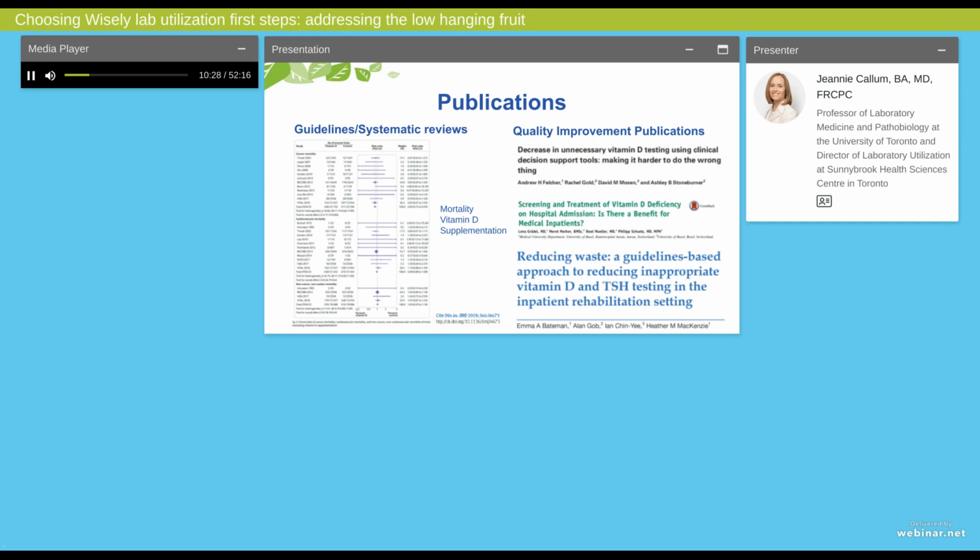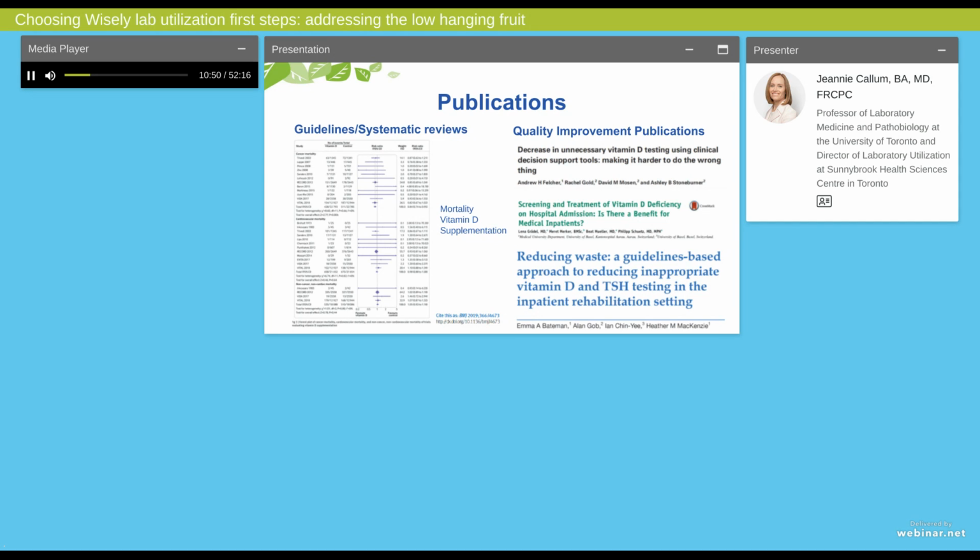It doesn't change mortality, let alone does it change if you know what your vitamin D level is, if supplementation doesn't work in a population-based way. We do know that vitamin D can actually be harmful because it causes kidney stones, but we can't find any clear benefit at a population level.